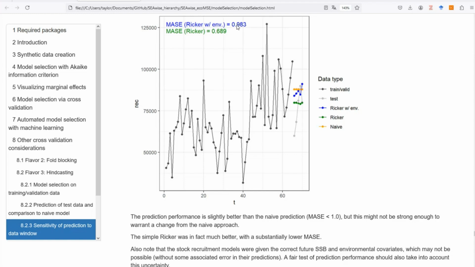And what we see here is that our MASE is below the naive model, but just barely. So we're below 1 for our best model. But actually, it's the RICR without the environment that has the substantial improvement over the naive model, which is interesting.